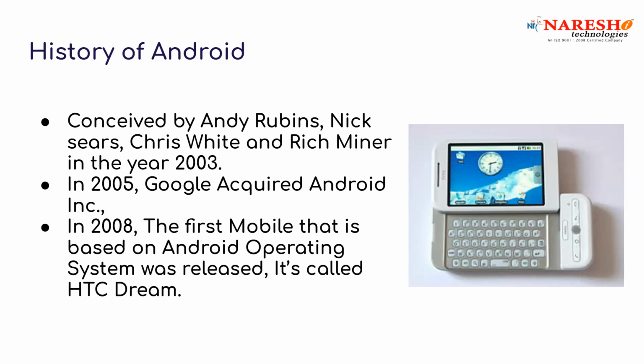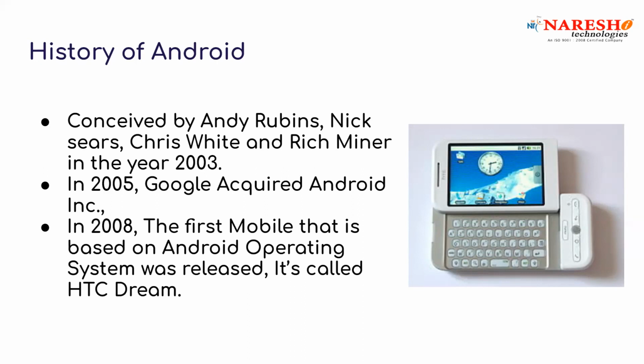These four people held good positions in mobile service provider or telecom companies. They thought they could start a company by the name Android Inc. and develop an operating system for digital cameras. They did not target mobile phones; they wanted to do it for digital cameras.